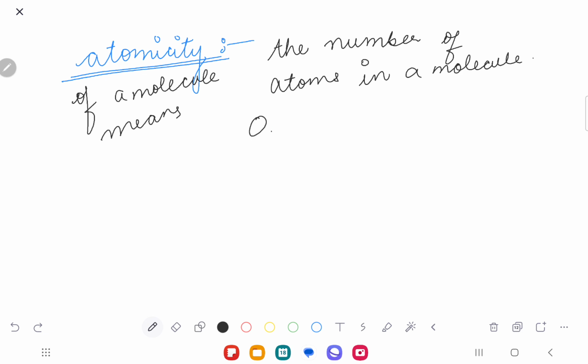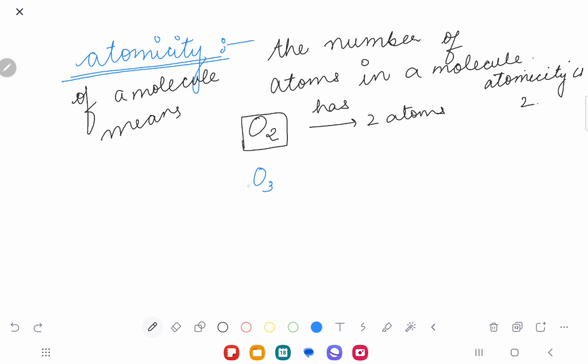For example, if I say O2, this O2 molecule has two atoms. So I will say the atomicity is 2.